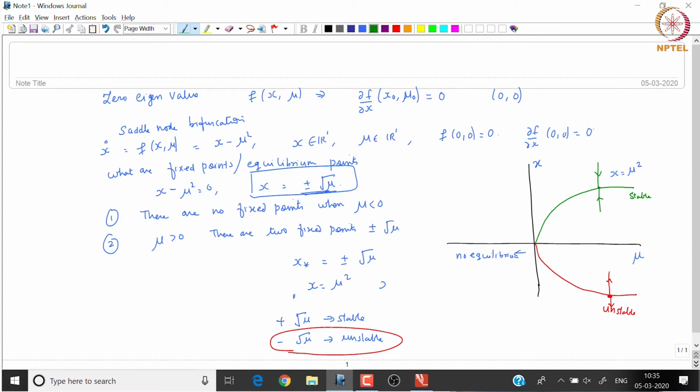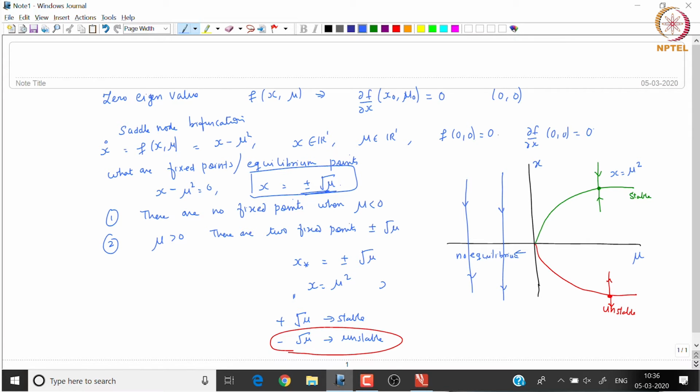If this is my equilibrium point, the trajectories will move into the equilibrium point, right. And for all values here, the system will just go to infinity. So there are no equilibrium points in this region. So you have three regions, right.